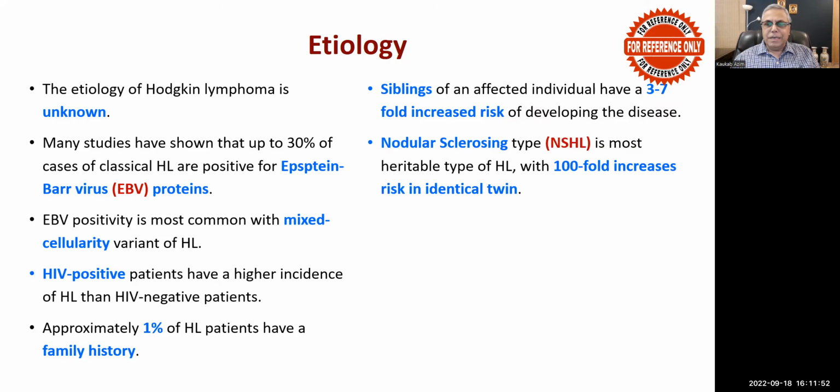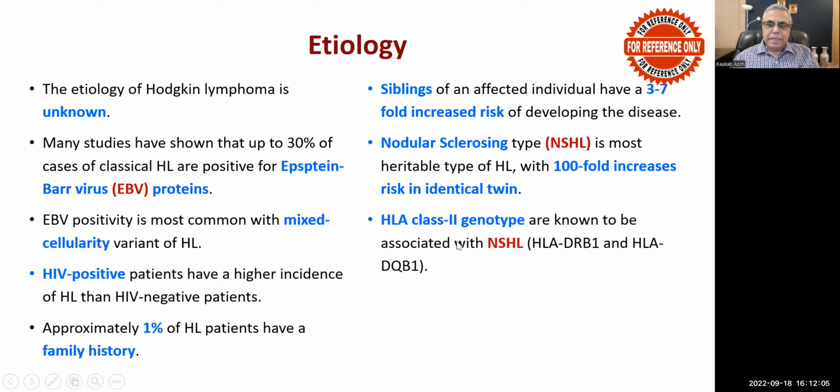And about 1% of Hodgkin lymphoma have family history, so etiology is not very clear. Siblings have got an increased risk. Nodular sclerosing type is heritable with 100-fold increases in risk in identical twins. HLA class 2 genotype are known to be associated with this nodular sclerosing Hodgkin lymphoma.